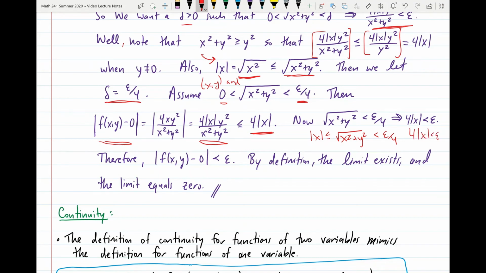And so this ultimately means that the absolute value of f of (x, y) minus 0 is less than epsilon.